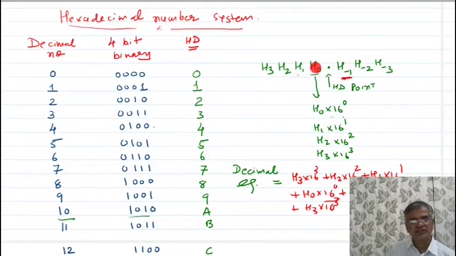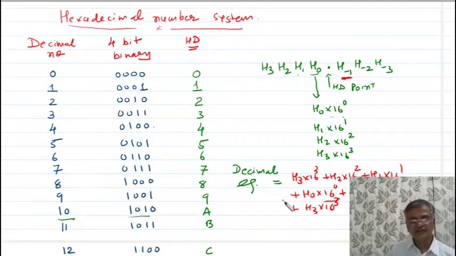The first digit has position value 16 raised to 0, the next hexadecimal digit has weight 16 raised to 1, the next 16 raised to 2, and so on. If I sum the weights of each digit, I find the decimal equivalent of the hexadecimal number.